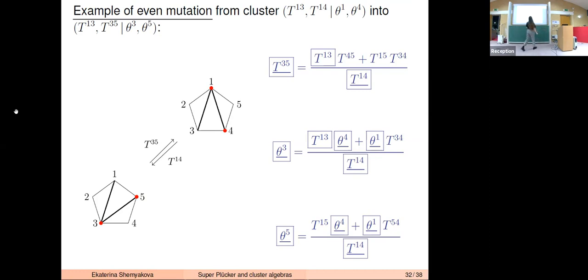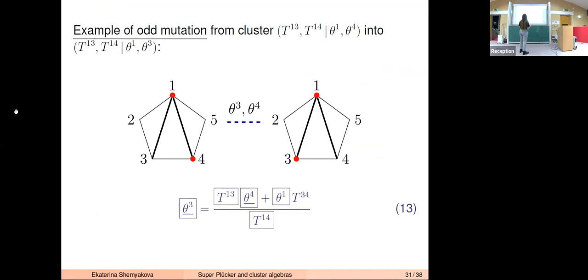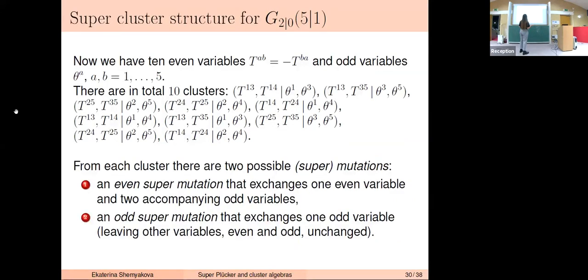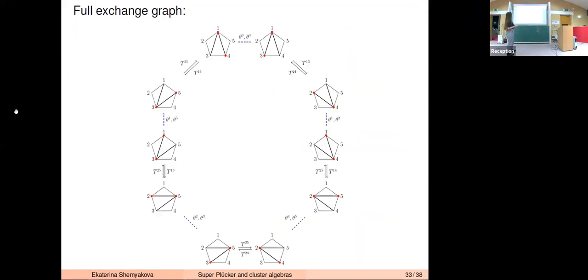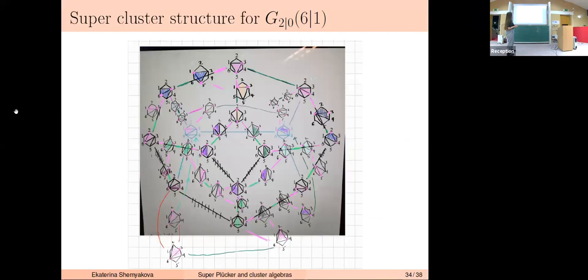So you mean that at the moment we have m equal to 1, right? And you're asking how many? Oh no, I think, sorry, this example would be n equals 5. And in each cluster you have two even and two odd. Yes, and in 6|1 you're also going to have the same.